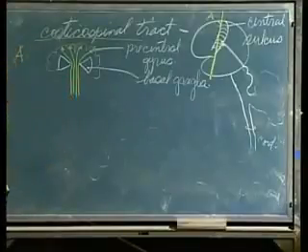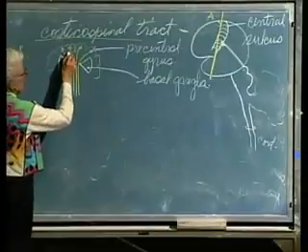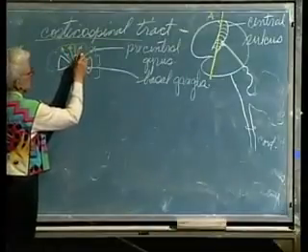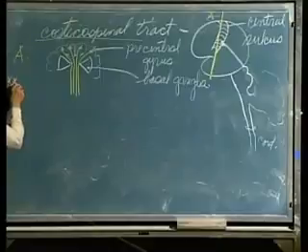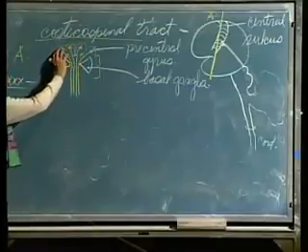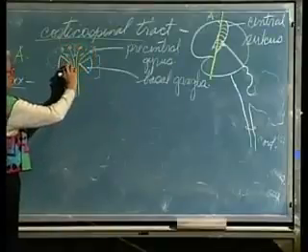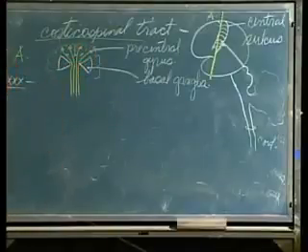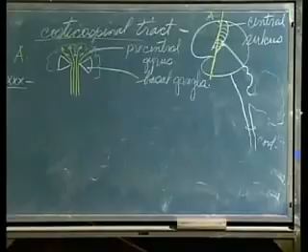And what have we developed here? All of these axons in here, I'm just going to put X's here. What do we call the mass of white matter between the cells up here and the cells down in the basal ganglia? Corona radiata.